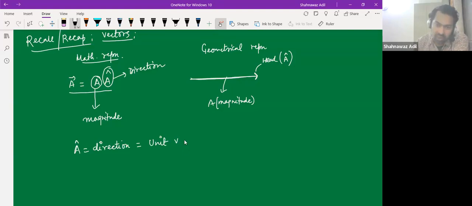Unit vector means that the magnitude is 1, and it only tells about the direction.